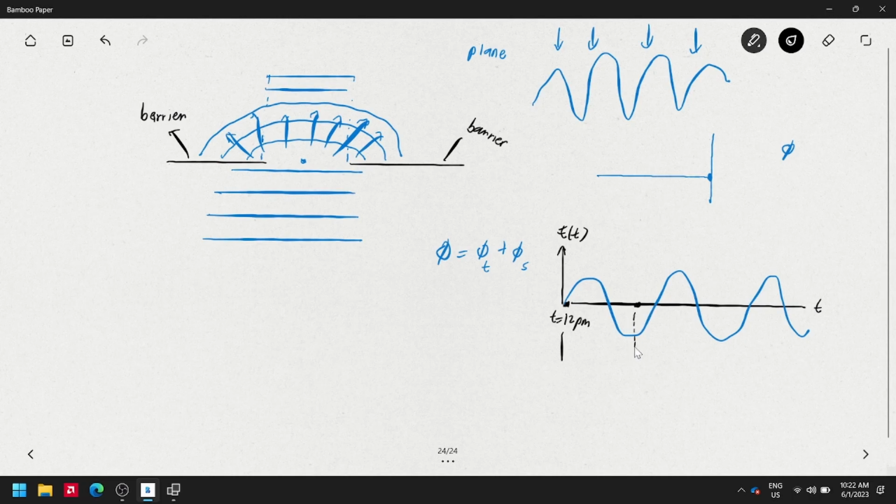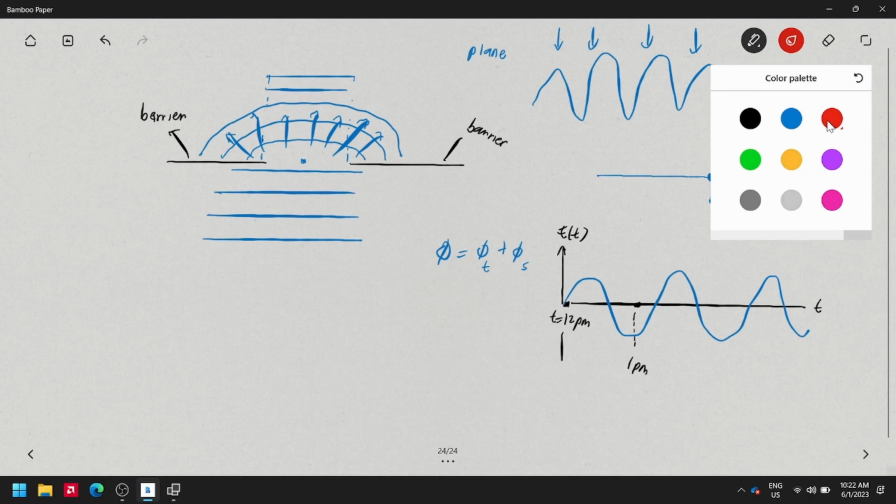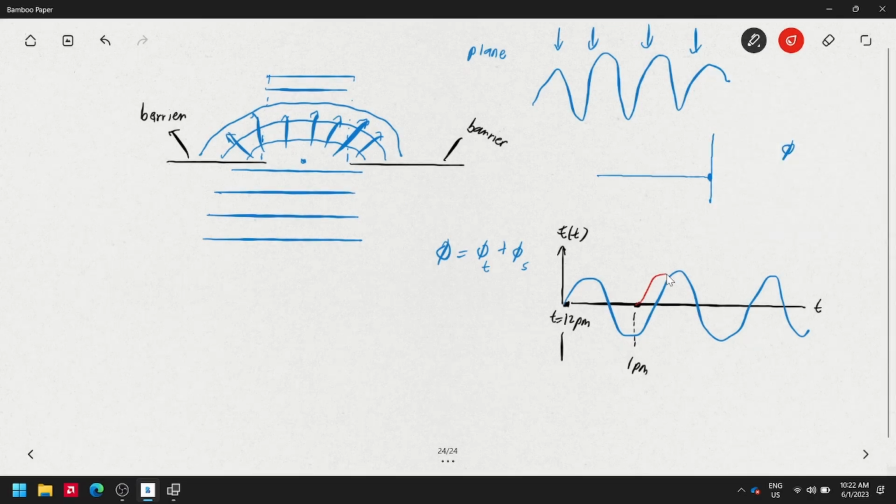For example, at a later time, maybe 1 p.m., we have another friend emitting a red laser light over here. As you can see, there is a timing difference between the two of them. So this is delta t. My phase shift due to the timing difference is given by omega times delta t.